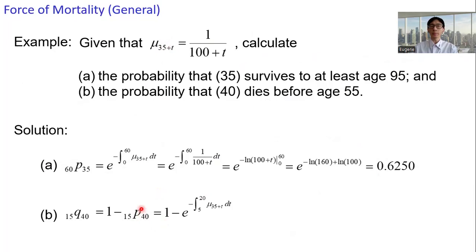So we will integrate the force of mortality here, mu 35 plus t, from age 40 to age 55. So that is from t equals 5 to 20. All right, so do the calculation, and then we get the probability 0.1923.